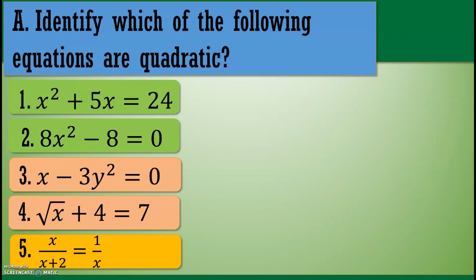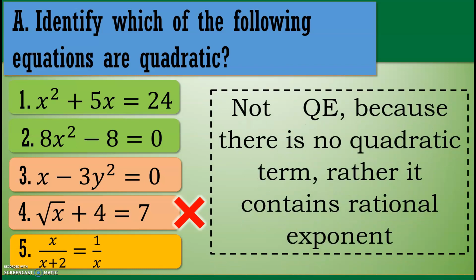How about number 4? Is it a quadratic equation? No, it's not a quadratic equation because there is no quadratic term and it contains a rational exponent. This is what we usually have in the problem solving in the first quarter.